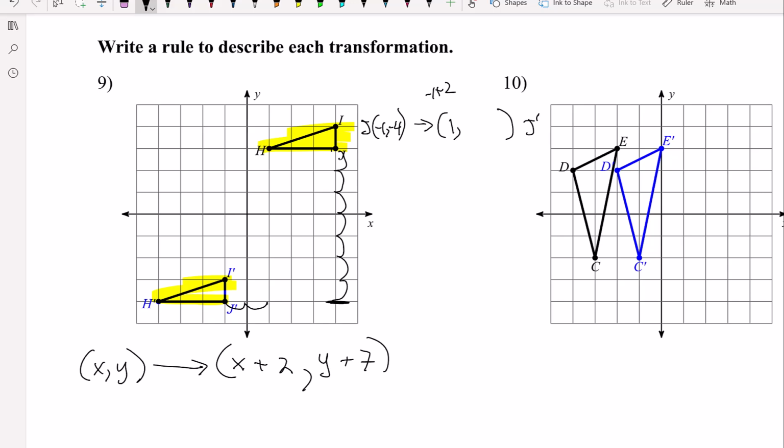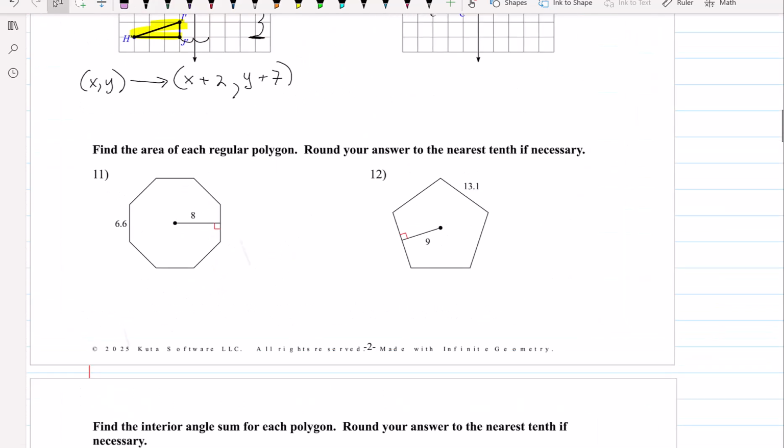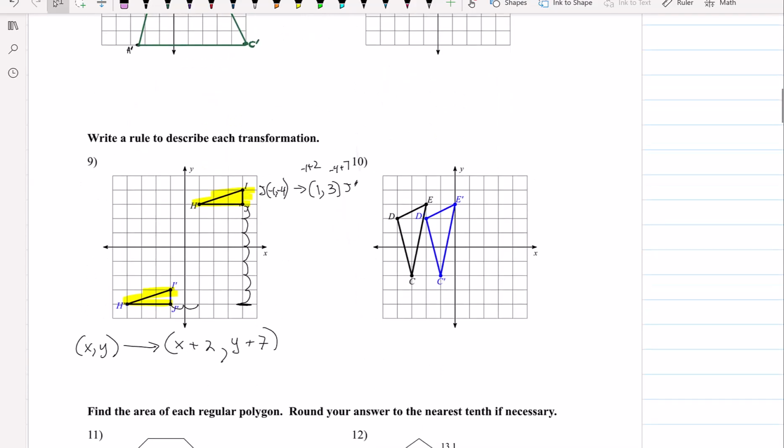And then we had to add 7. So -4 plus 7 is +3. And then just have them finish that. But that's how you write a rule. All right, and then we'll do the area ones next.